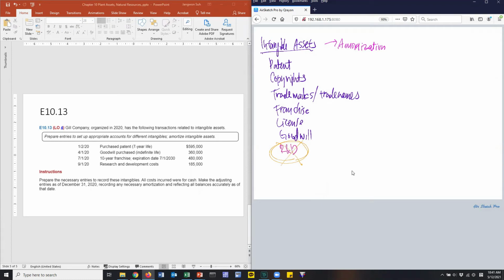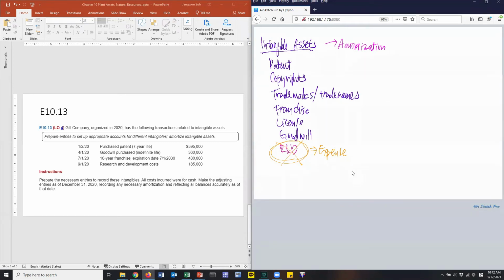The US accounting standards state that you should expense the R&D rather than capitalizing it as intangible assets. Because the result of R&D is so uncertain, right? Pharmaceutical companies, the IT companies, they can spend a lot of money, but in the end, for nothing, right?